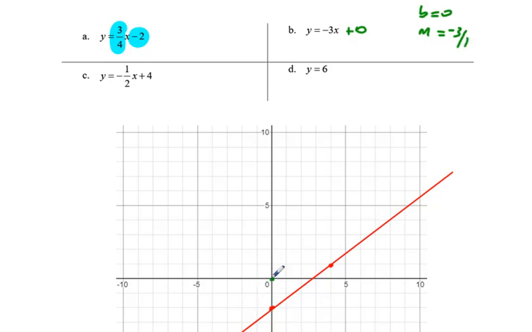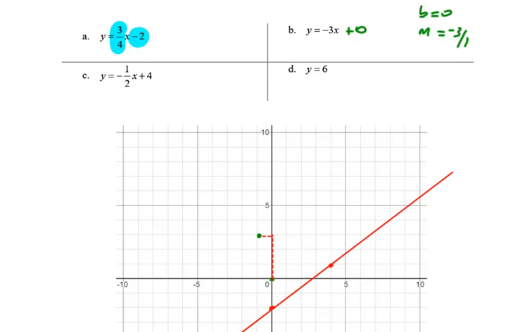I've located it there in green. So from 0, I'm going to rise up 3 units. Now, because it's a negative slope, I'm going to go to the left for my run. And that tells us that we're running through this point here.